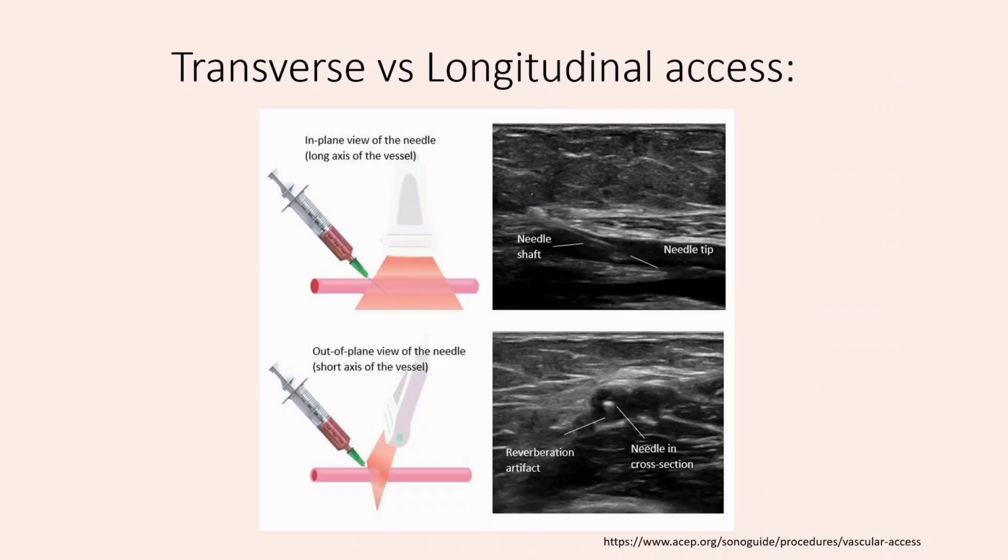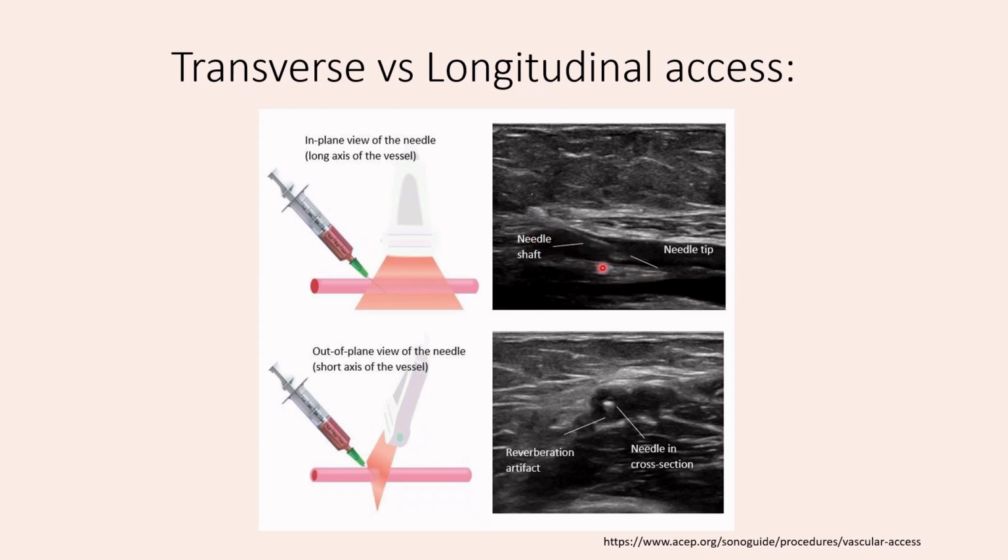We've got the transverse and the longitudinal axis. Both are valid according to the procedure you are performing. In the longitudinal axis, this is the probe in transverse plane, and we are inserting the needle from this side, so you can see the needle shaft all over the way from the start to the end.